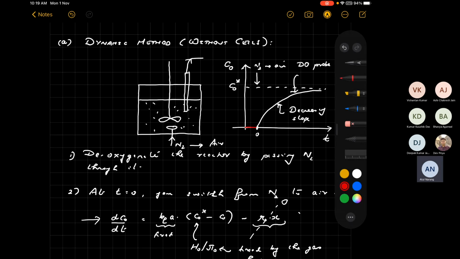So there is an initial transient during which you cannot really assume that the model applies.